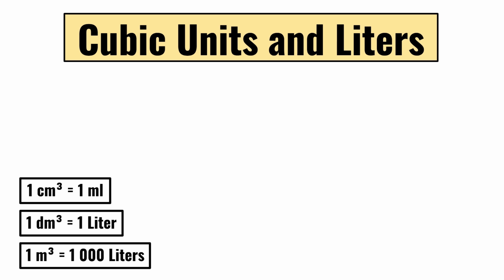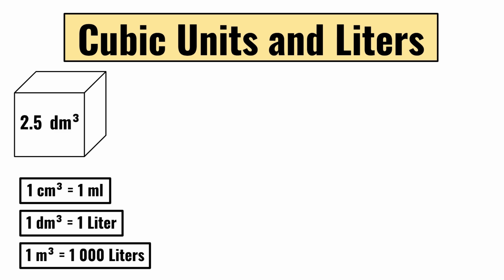Now, I'll use an example to demonstrate how remembering these 3 key facts can help with converting between cubic units and liters. Let's say I have a box with the volume of 2.5 decimeters cubed. How many centiliters is that equal to? First, what do we know about cubic decimeters?